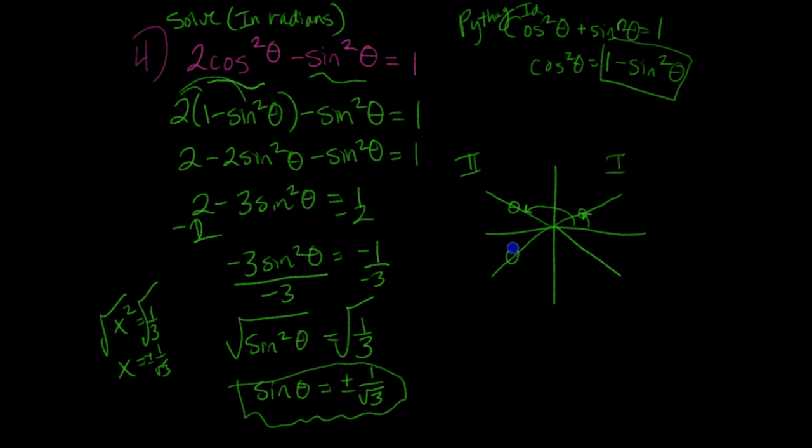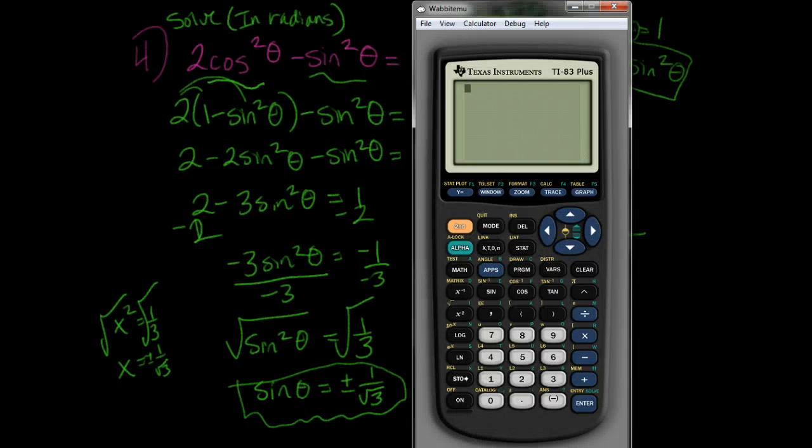So it can be here and here. So if I think about what my values are, from this angle, you can see that this line keeps going, extends. So if I added pi radians to that, that would get me here. And then if I added another pi radians, it's getting a little sloppy, that would get me back to where I started. So this one we have to use the calculator for, and that's okay.